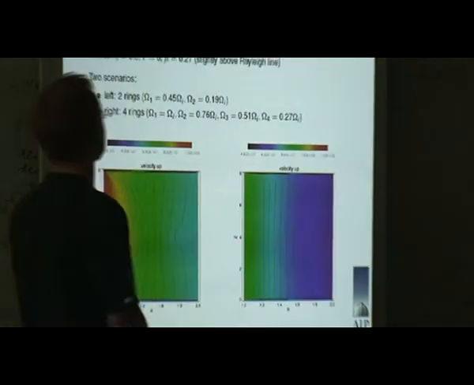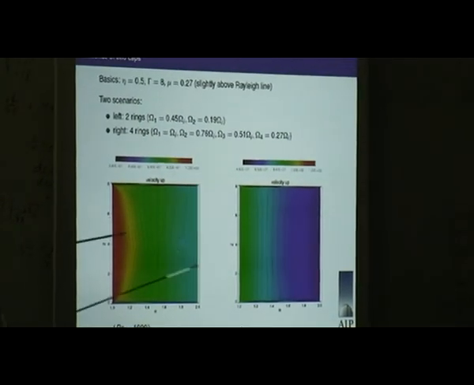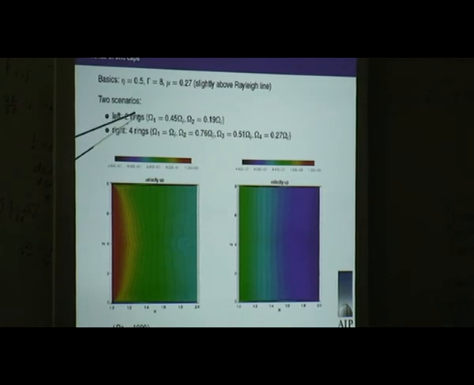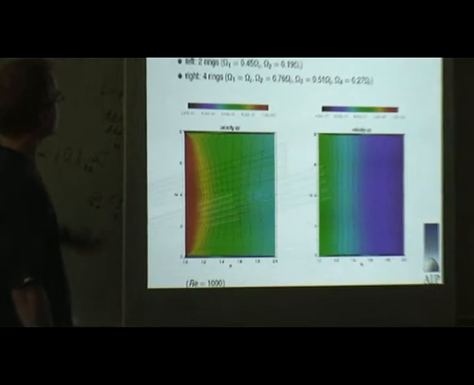And in the next step, now I switched to these 2 different setups. First, one with 2 rings that the group of Antoine were using, and the 2 rings rotate independently from the inner and outer cylinder, and the angular velocities are 0.45 of the inner cylinder and 0.19 of the inner cylinder.